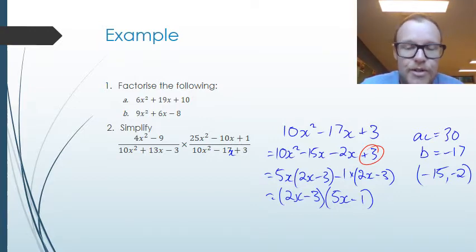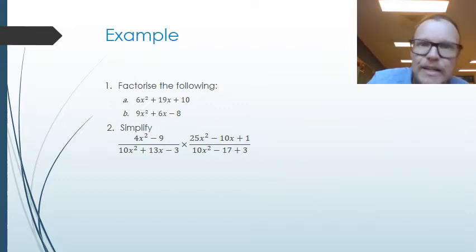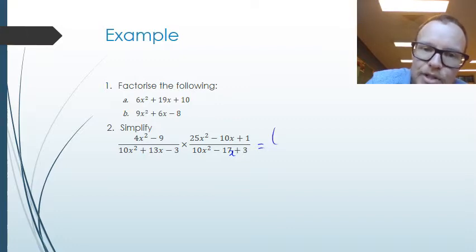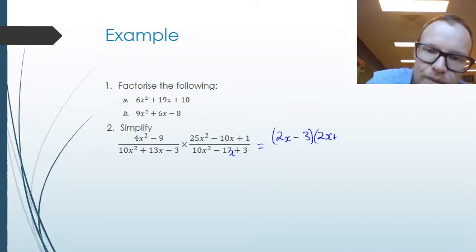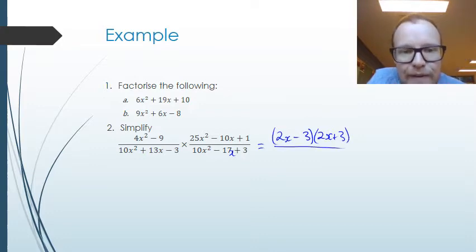All right, now we've finished doing our factorising, so now we can simplify. I'm not going to bother writing it out again because you probably don't have enough time to hear me go on about that. So I'm just going to pretend I wrote the whole question out again, and then we write 2x minus 3, 2x plus 3, because that's our 4x squared minus 9 factorised.